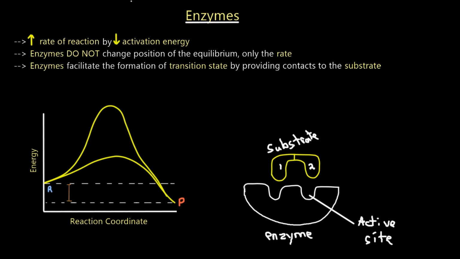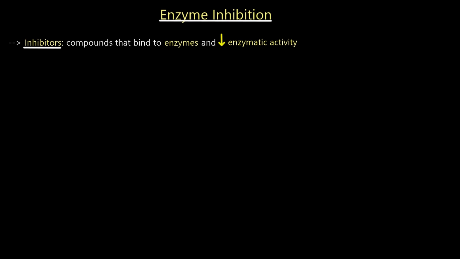And what happens is they make contact with this active site, and this facilitates it to be able to be broken down a lot quicker, and they go their separate ways as monosaccharides.